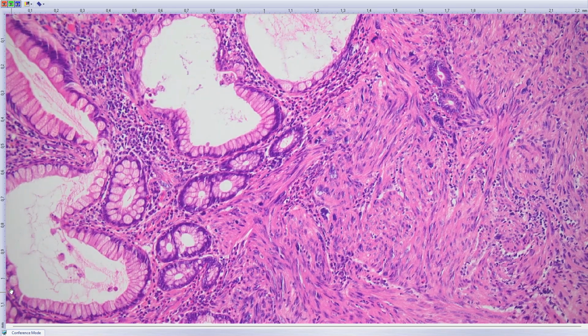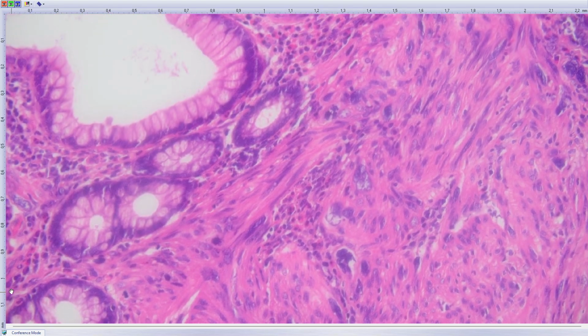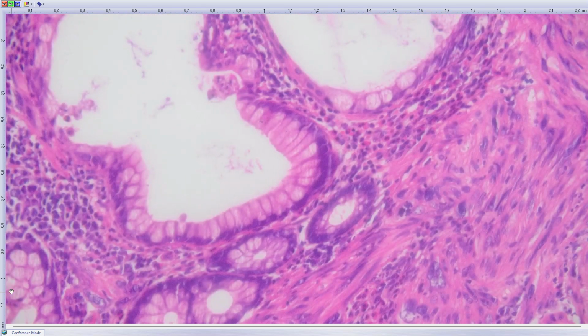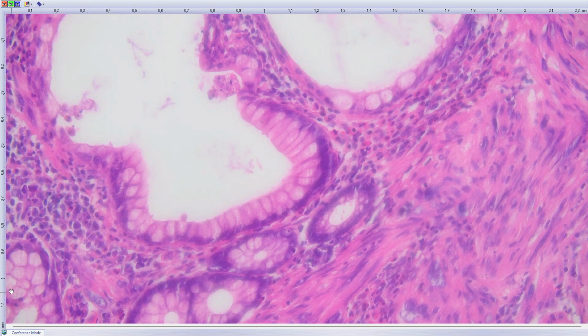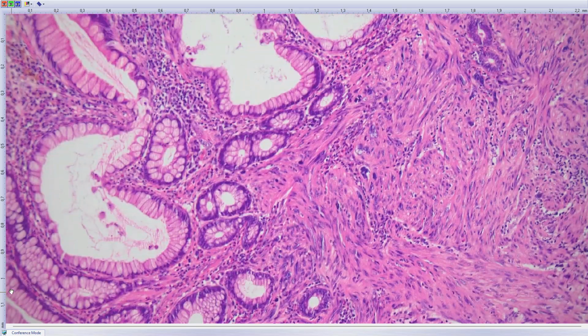It was positive for desmin, smooth muscle actin, H-caldesmon, and there is atypia, a lot of mitotic figures, including atypical mitotic figures. So this is an example of a nowadays very rare leiomyosarcoma of the GIT.